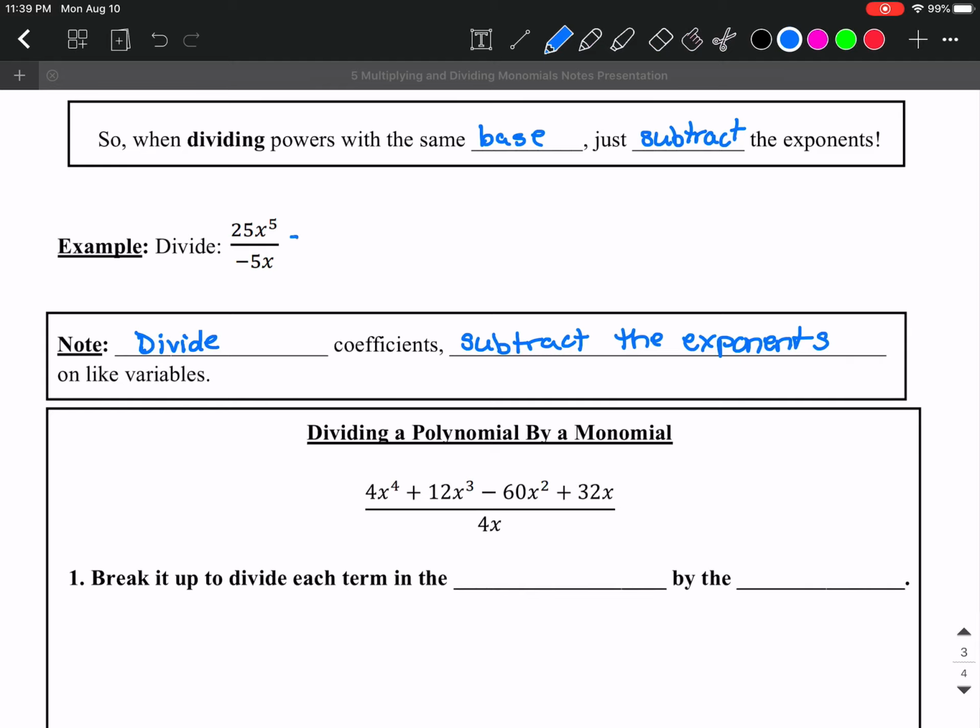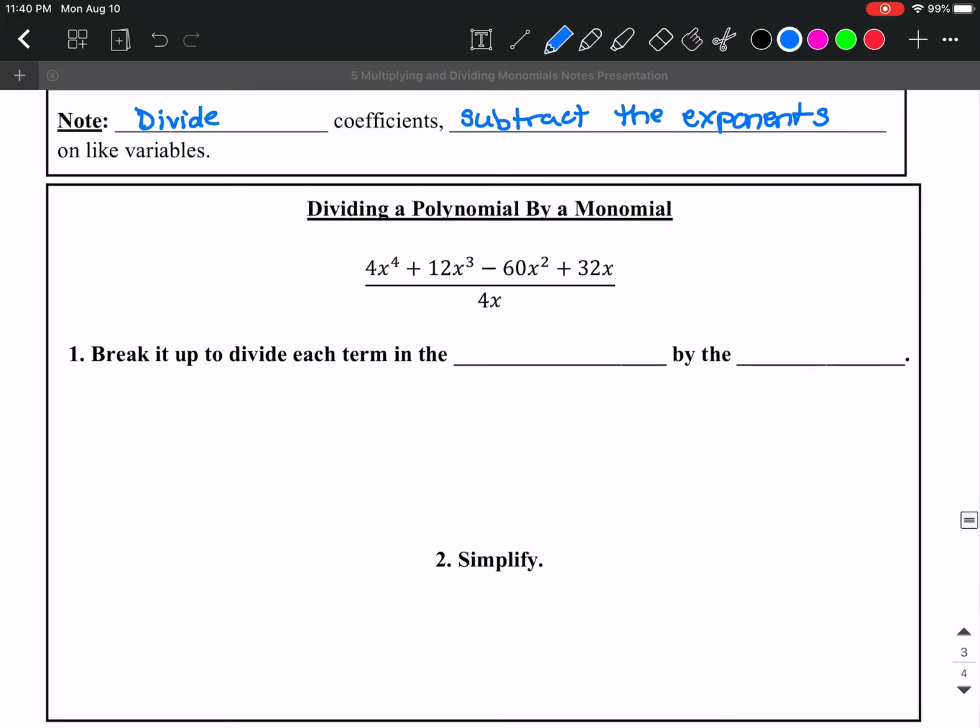So for instance, 25 divided by -5 is -5. Now we have x's. We have an x to the 5th divided by an x to the 1st. What's 5 minus 1? That's 4. So the answer to that division is -5x to the 4th. Very good.